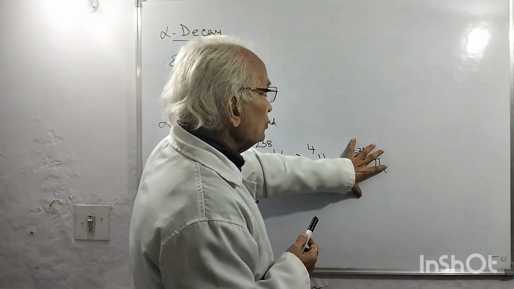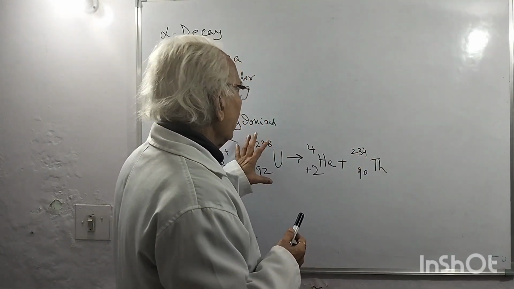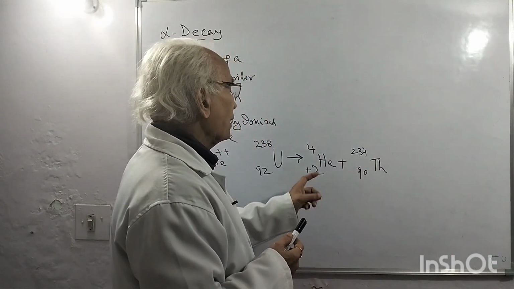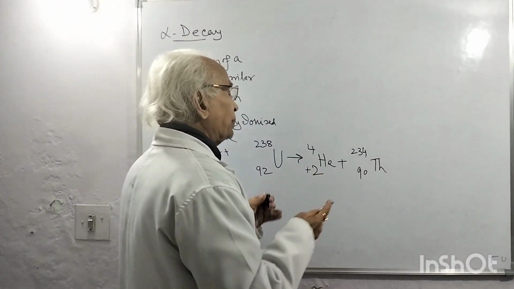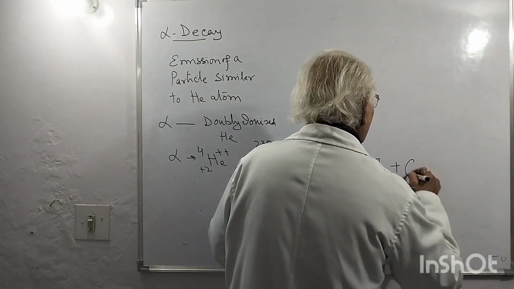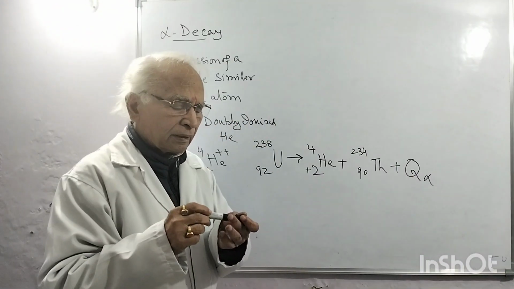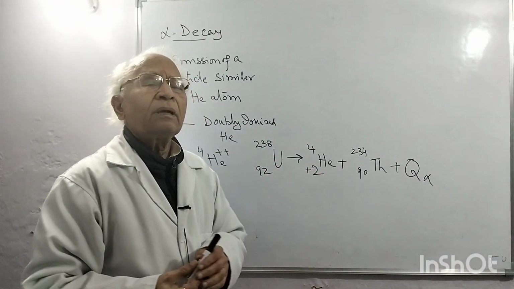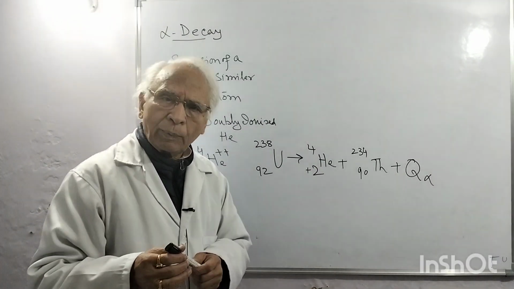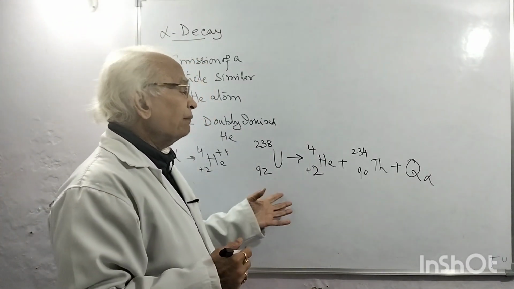And this is the residual nucleus, the parent or daughter or residual, and an alpha particle emitted, plus there must be some Q of alpha decay, the energy of alpha decay, the difference of masses of the initial and final products. So alpha is produced.